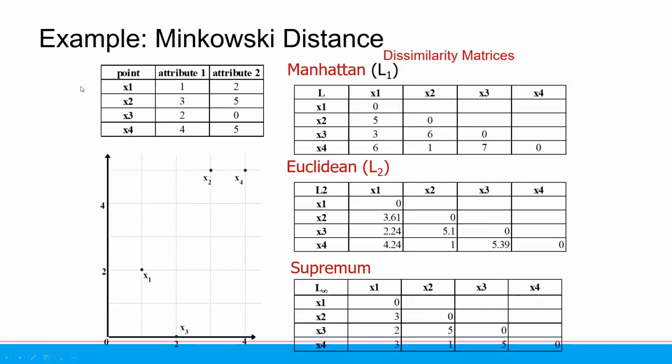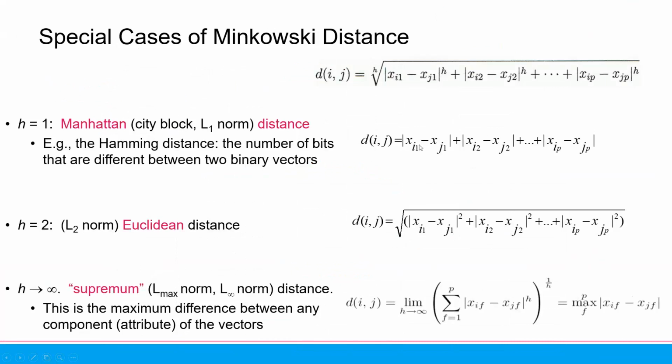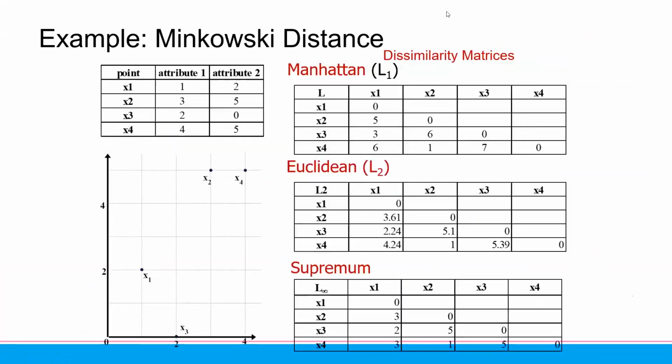Let's see the example. We have the 4 points. We have x1, x2, x3, and x4. So the x1 is 1, the attribute 2 is 2. We want to check the distance between x1 and x2 using the L1 or Manhattan. If you look at the formula, the Manhattan is just using the absolute. So what is the distance between x1 and x2?